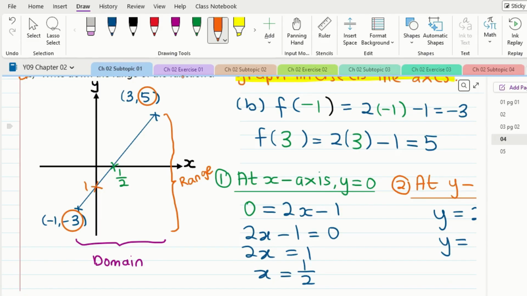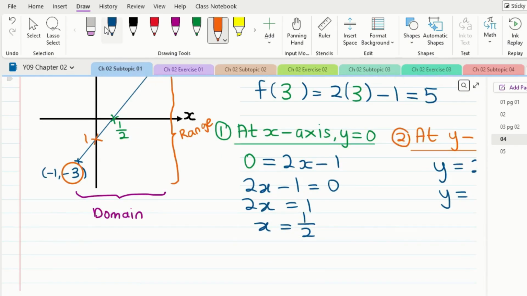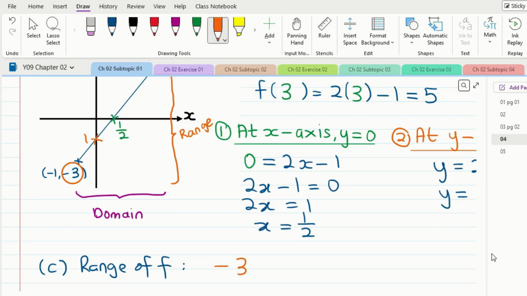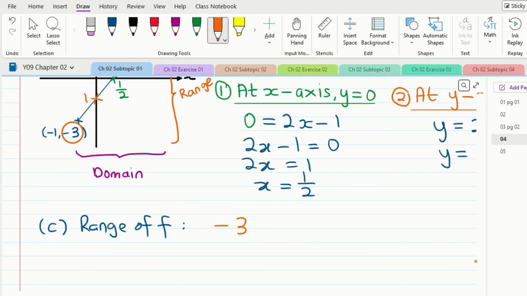So it is from -3 to 5. So for C, the range of function f is going to be, list down the values first, -3 to, is it 5? Yeah, it's going to be 5.